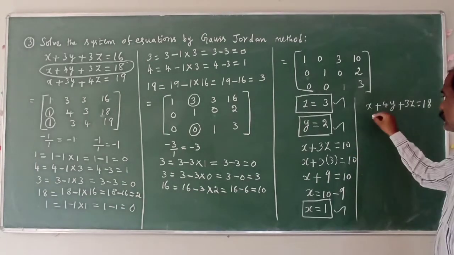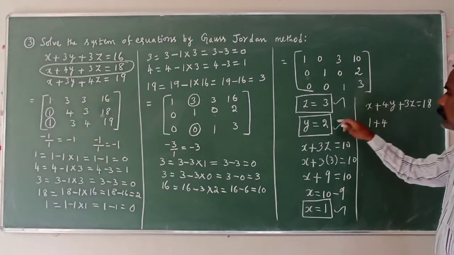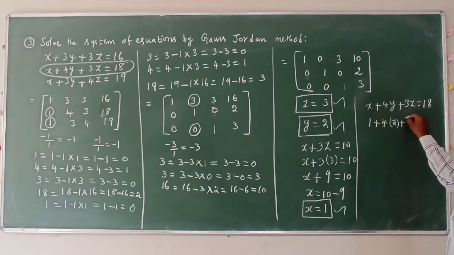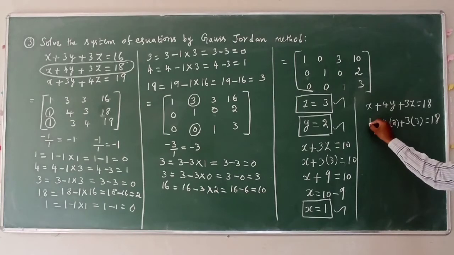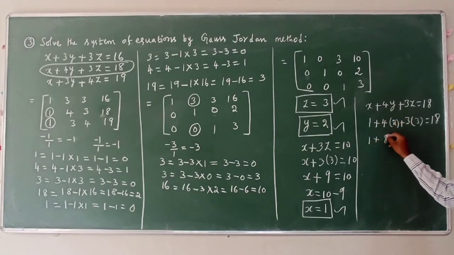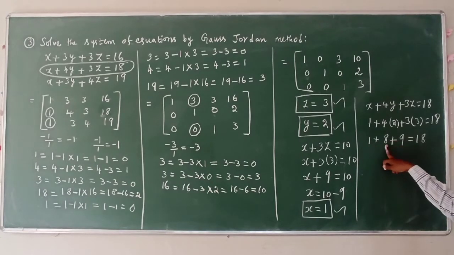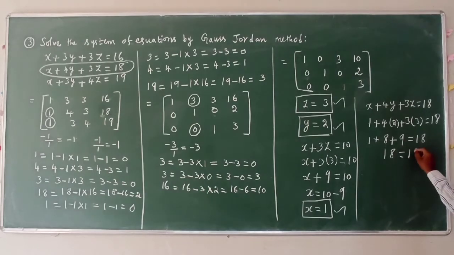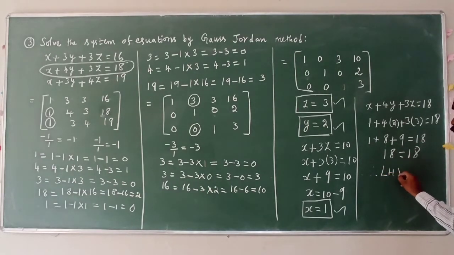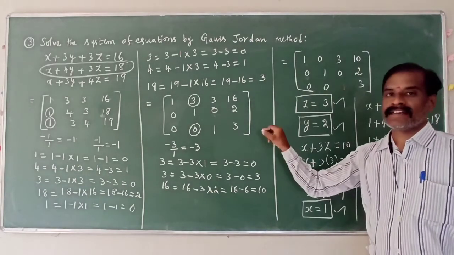Here x is 1, plus 4 into 2 is 8, plus 3 into 3 is 9. So 1 plus 8 is 9, 9 plus 9 is 18. Now 18 equal to 18. Therefore, LHS is equal to RHS, and the result is correct.